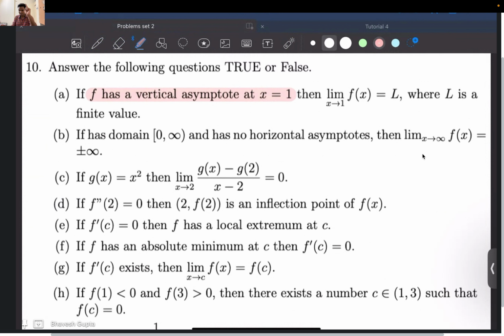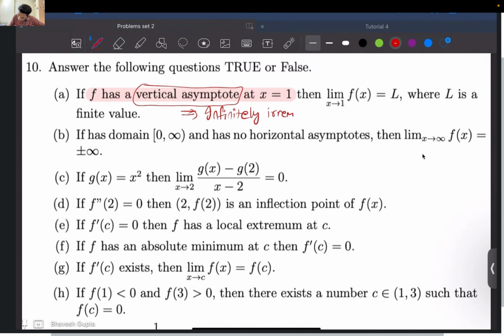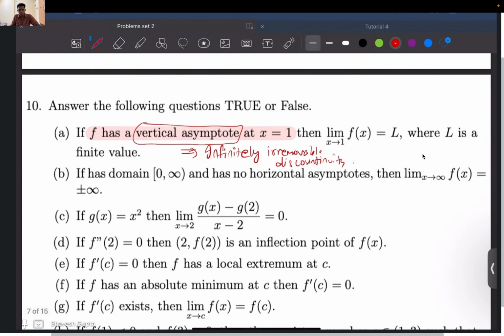If it has a vertical asymptote, asymptote means you have an infinite, irremovable discontinuity, right? You have an infinite discontinuity at x equal to 1, and you cannot remove that.